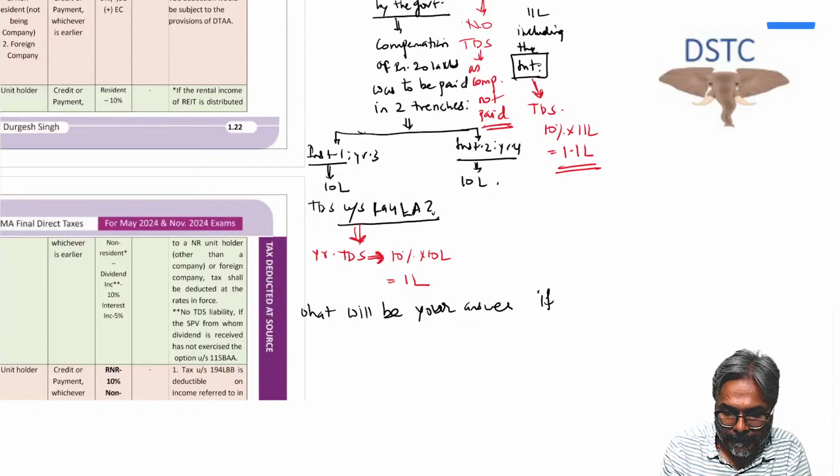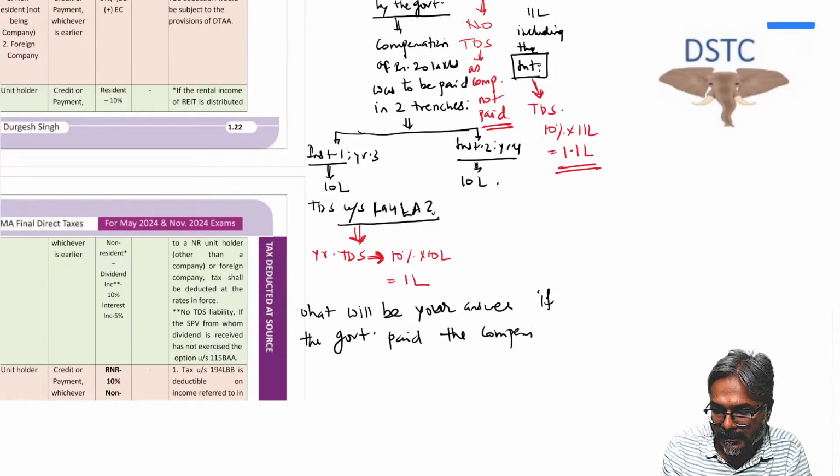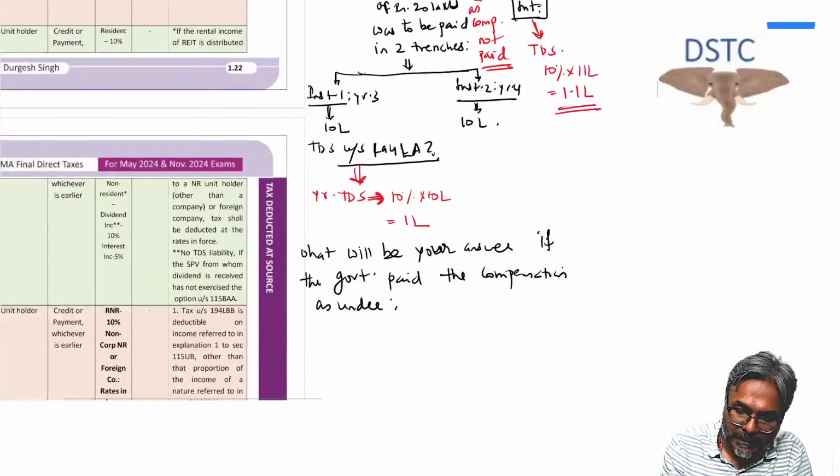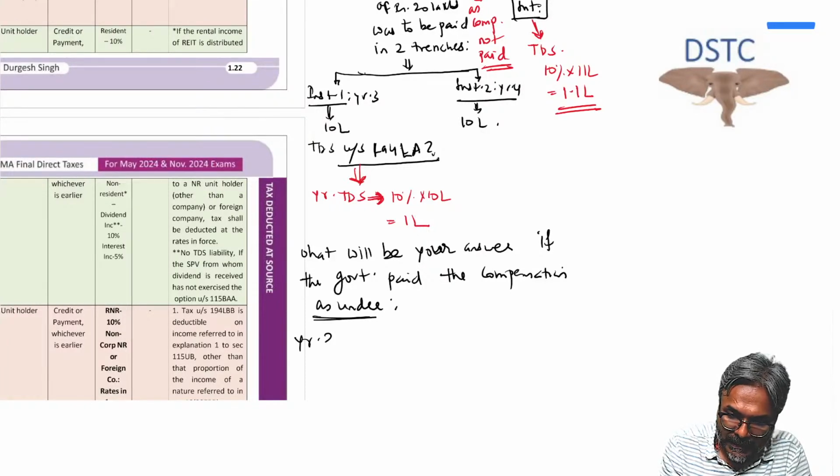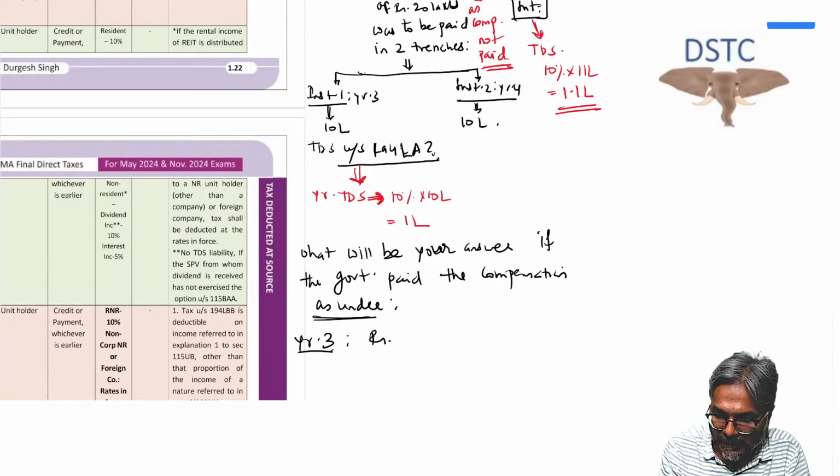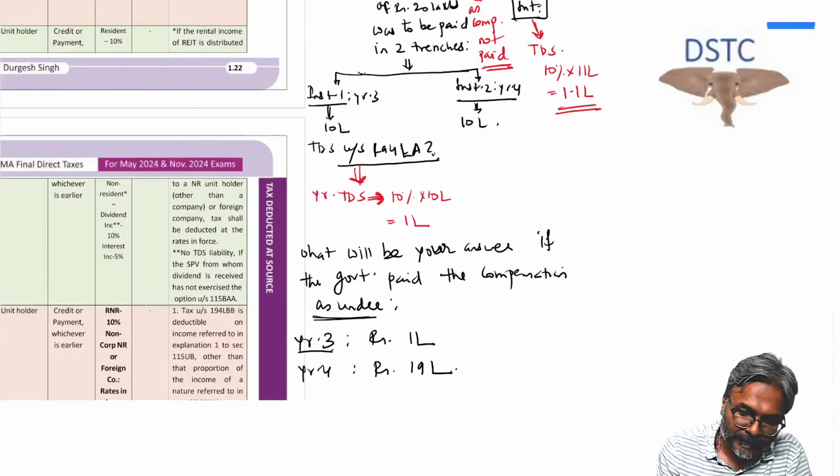If the government paid the compensation as under, students. So how is the compensation paid? Year 3, rupees 1 lakh. Year 4, rupees 19 lakhs.